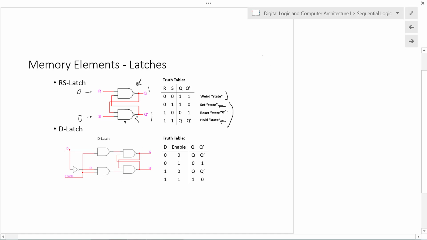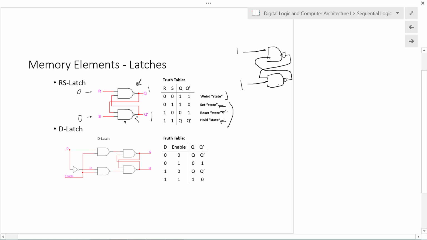Let's look at an interesting case here when we do a feedback path like so, and we set this input as 1 and this output as 1.